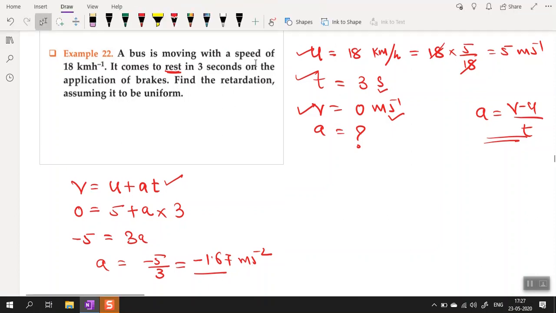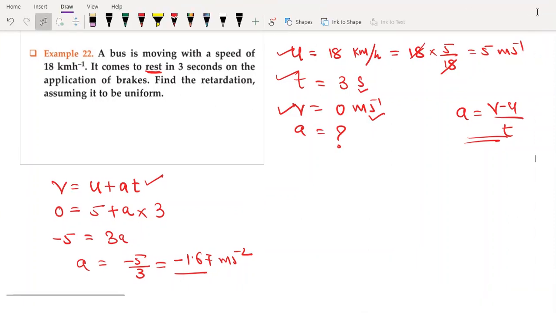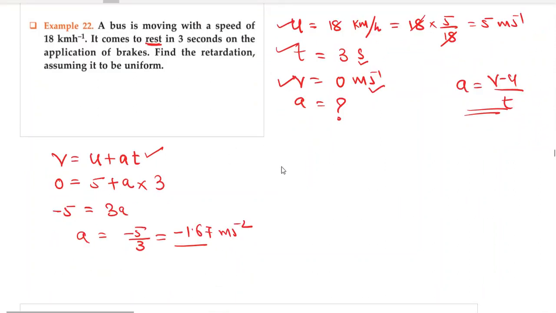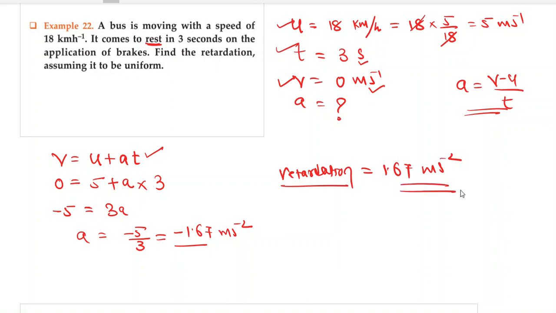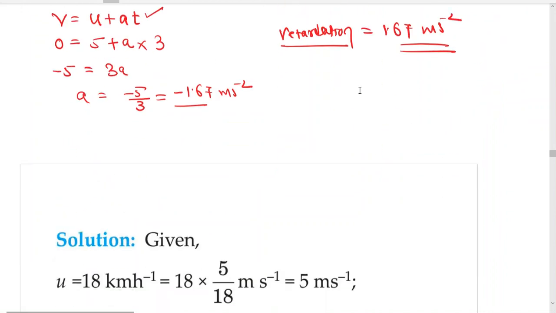That's why it is known as retardation. So you will write the final answer like this: retardation is equal to 1.67 meter per second square. When you use the word retardation, no negative sign is required. Correct? Very easy. Let's go to the next question.